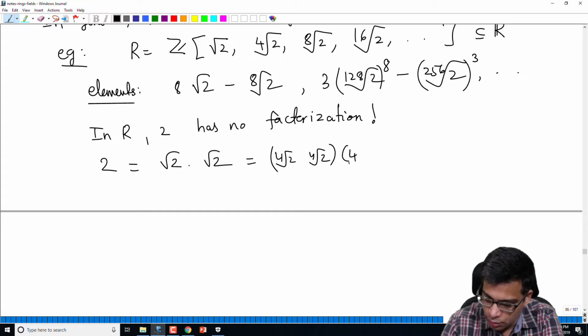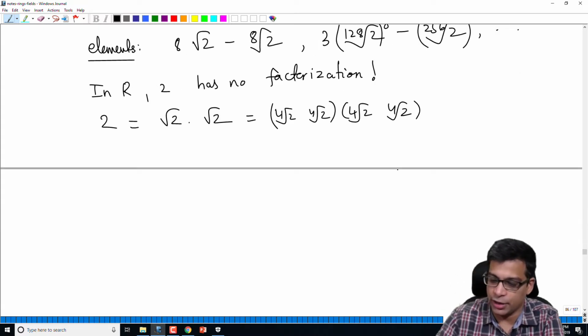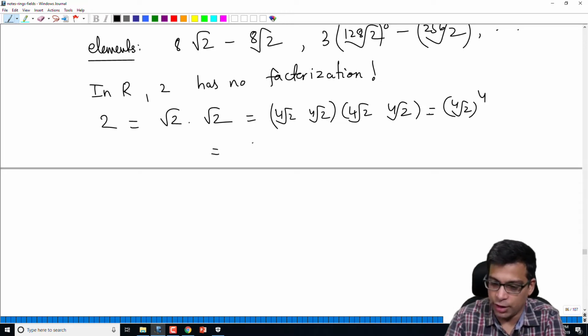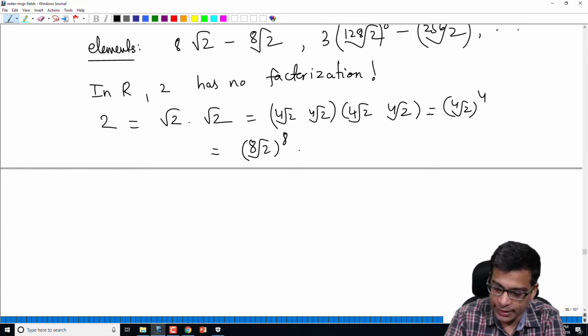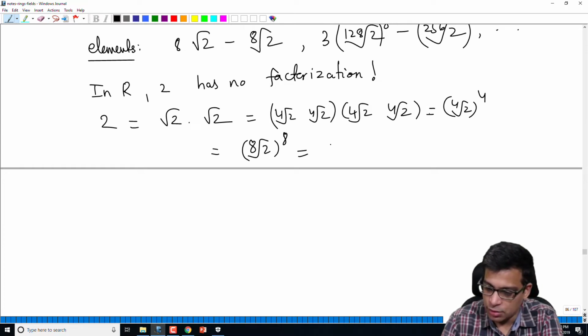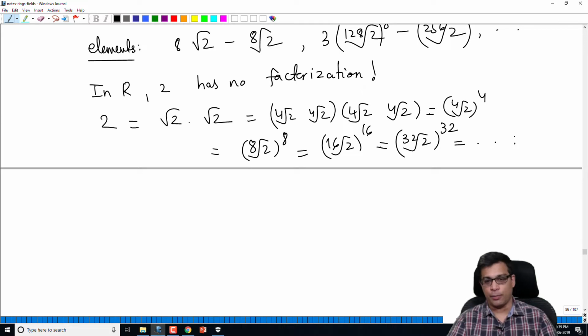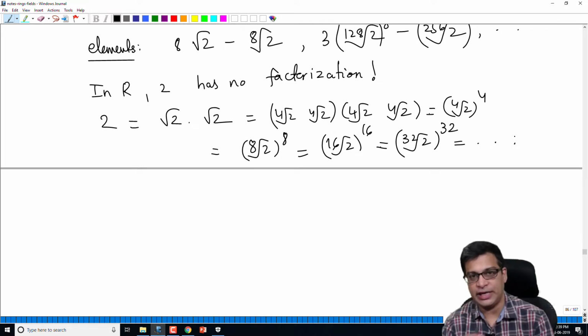You can continue this: this is 4th root of 2 to the power 4, but I can also do 8th root of 2 to the power 8, 16th root of 2 to the power 16, 32nd root of 2 to the power 32. Where do you stop? There is nowhere you can stop. 2 has no finite factorization.